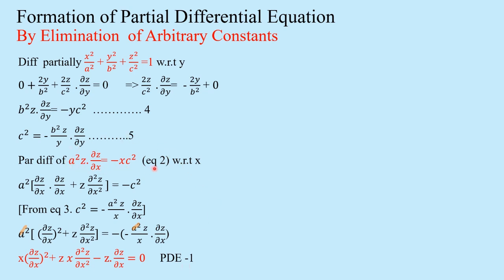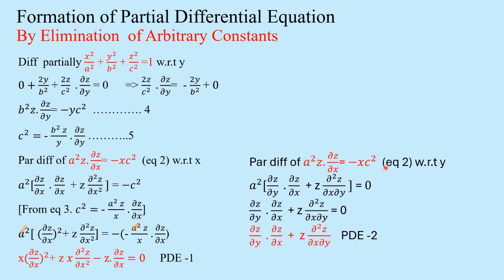one of the partial differential equations. Now we'll differentiate equation 2 with respect to y. On differentiation with respect to y, this a square we'll keep here, and now these two terms, again this is a product of two terms, so the product rule is used, and here we are differentiating with respect to y. So differentiation of z with respect to y will be dou z by dou y into this term, which we are keeping as such.